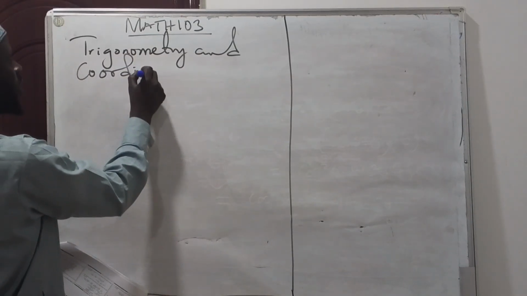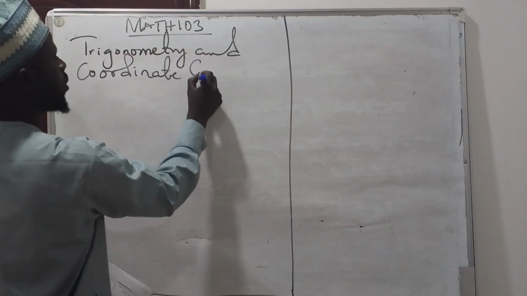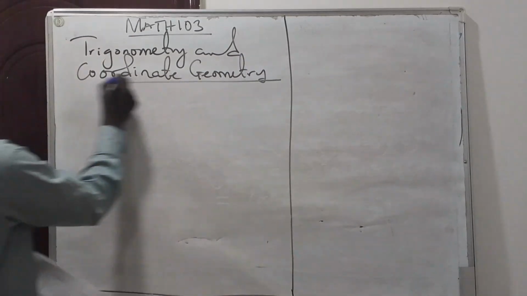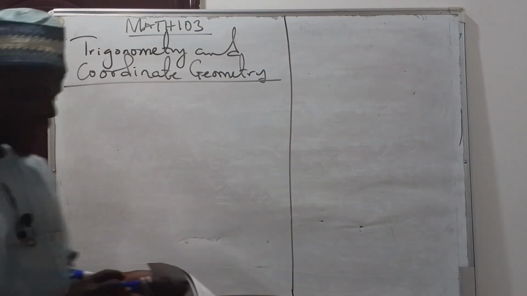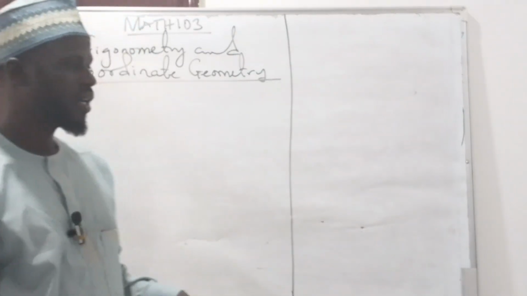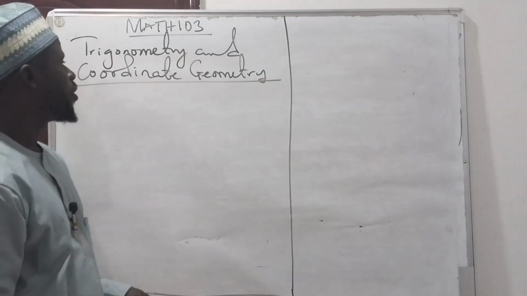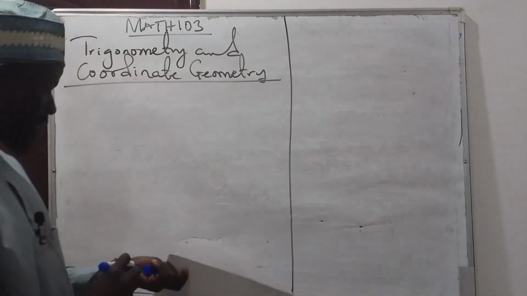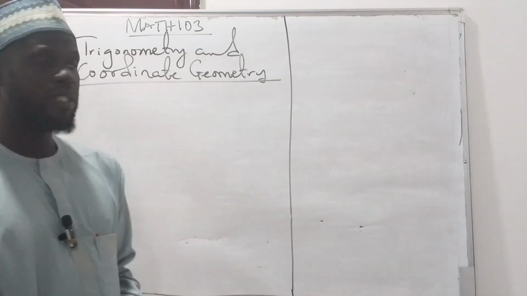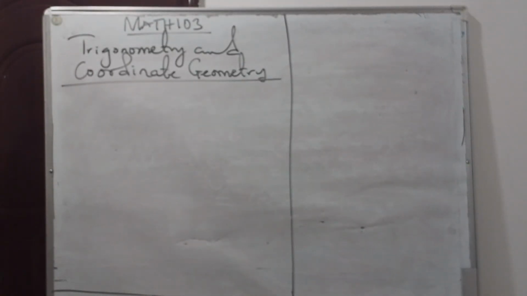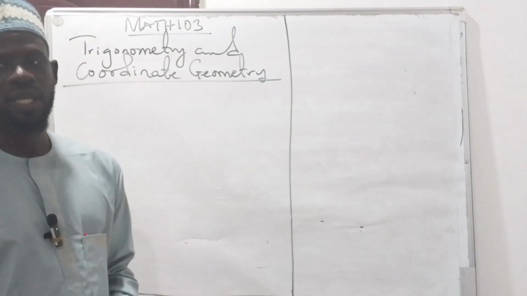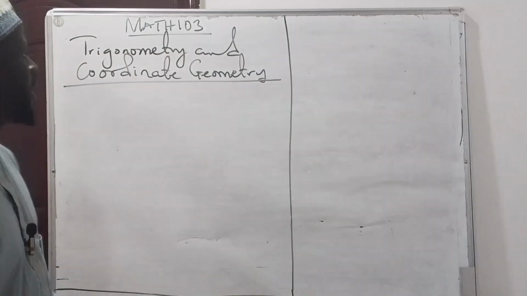Of course, in our last video, we studied trigonometric functions, that is trigonometric identities, where we look at the Pythagorean identity and other identities derived from it.